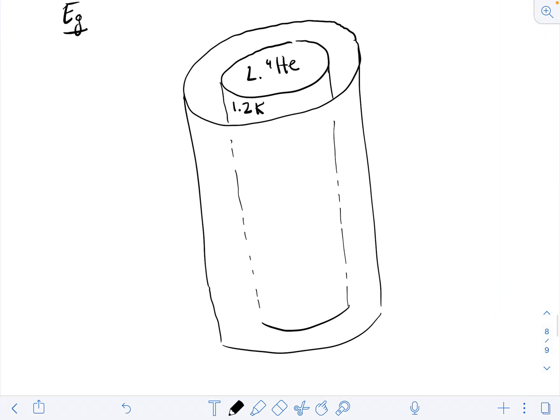And then out here, we have liquid nitrogen. And so this wall is at 77 Kelvin. And so we want to know what is the heat flux from the 77 Kelvin wall to the 1.2 Kelvin wall.